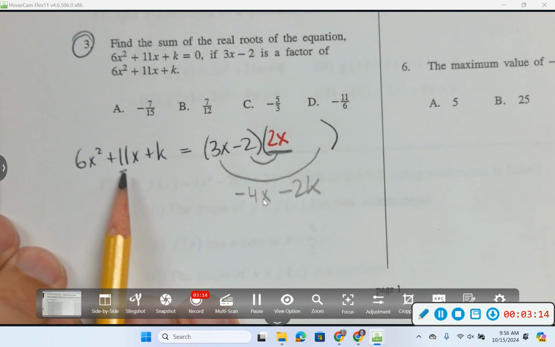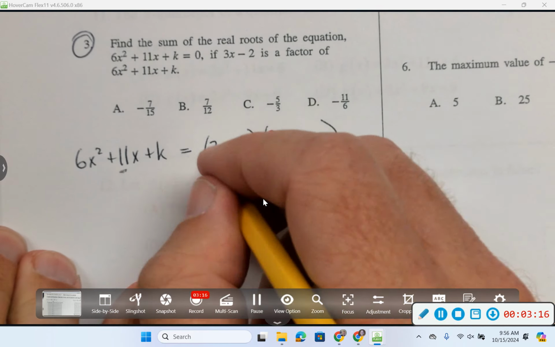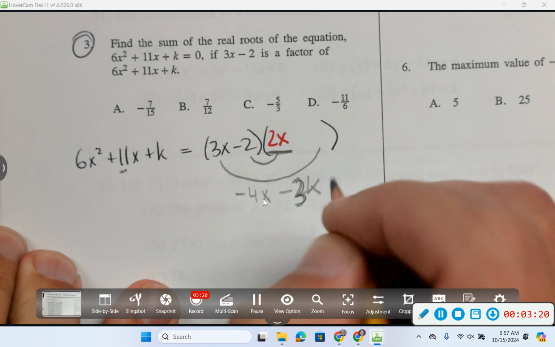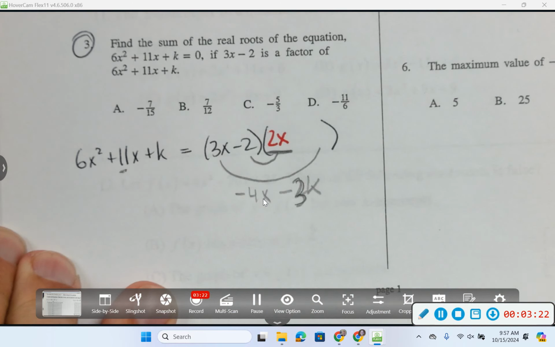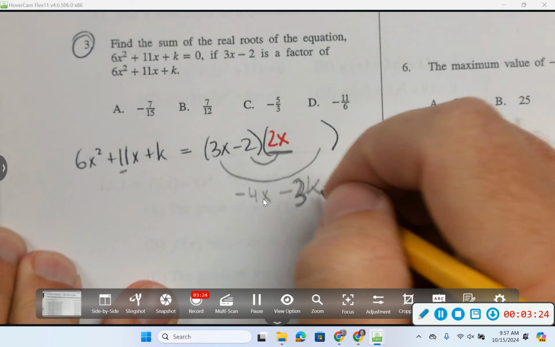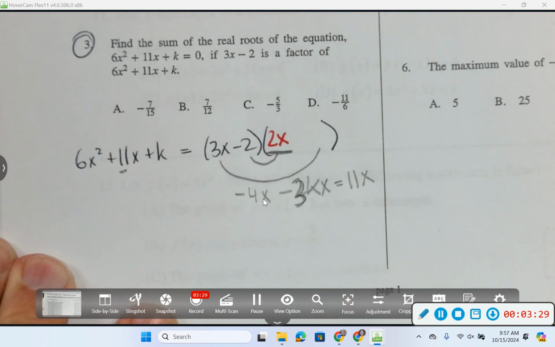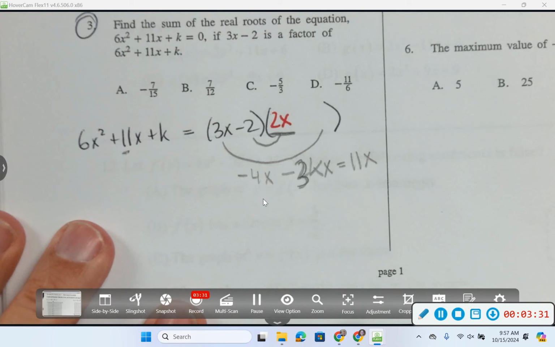Oh, not minus 2k, minus 3k. And 3kx is supposed to get me to 11x. So what could k be that would work?